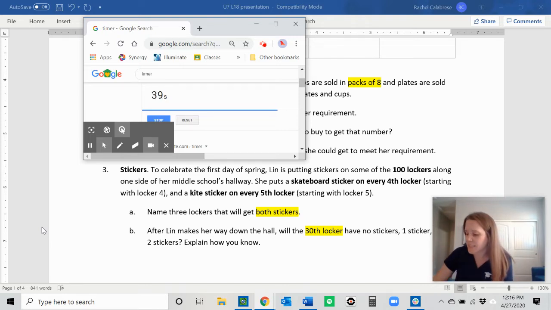You decide where it makes sense to stop. Note that there is only 100 lockers. Plus 20 seconds.